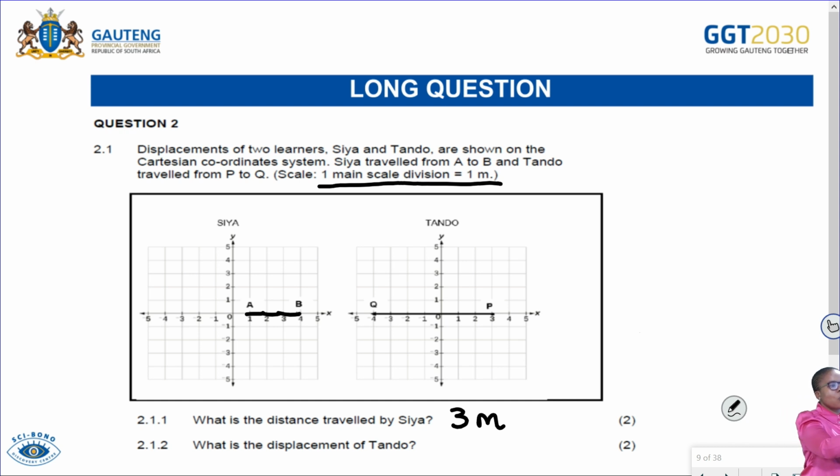So you say 1, 2, 3, 4, 5, 6, 7. So that means it is 7 meters. And in which direction is Tando moving? Tando is moving to the left. One can use left, or you can use west.